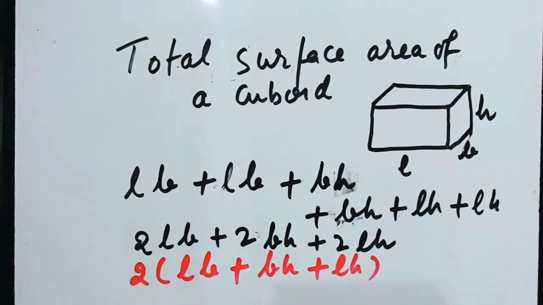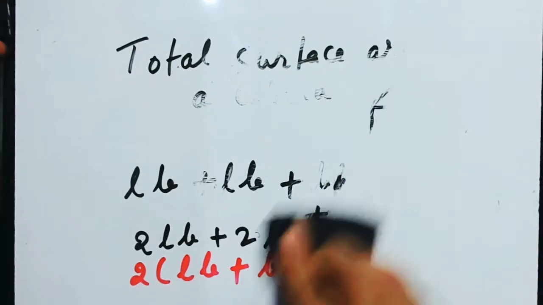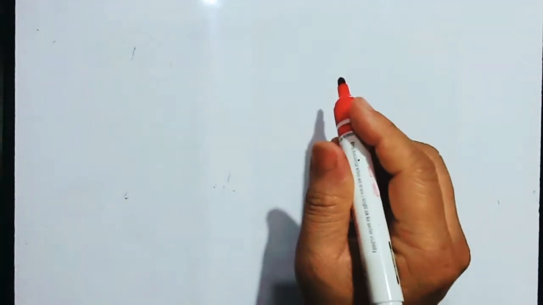This means twice the sum of the products LB, BH and LH respectively. So the total surface area is equal to 2(LB + BH + LH). This is how we find out the total surface area of a cuboid.